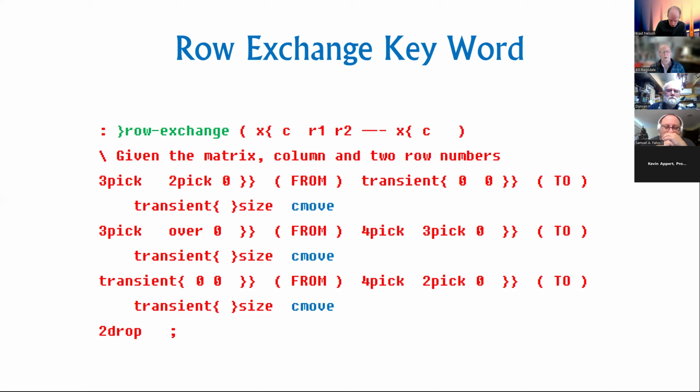In other words, we've now done a transfer from the lower to the higher value. And then finally, the third section of the code goes back to transient and puts the transient value into the lower row. So we go upper to transient, lower to upper, and then transient to lower.